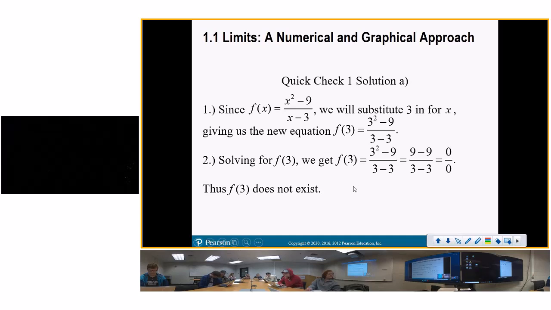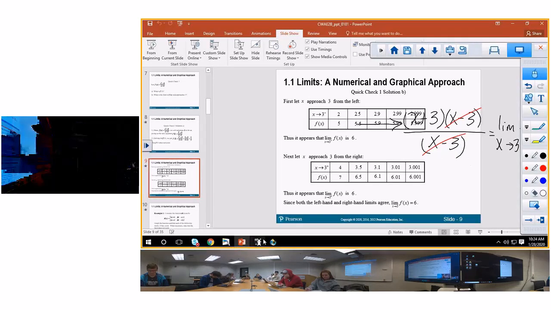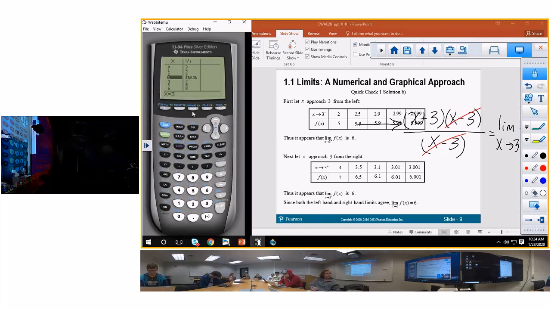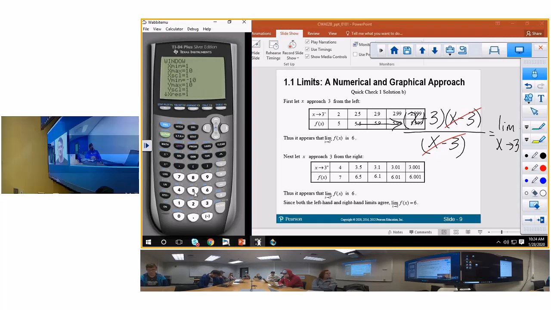So there'll be an open circle if you go to that function. If you actually blow that function up, I'm trying to get there, just hold on a second. Let's change the zoom. What's 3? 6. So let's change the window to X-min from 1 to 5, and Y-min 2 to 8.